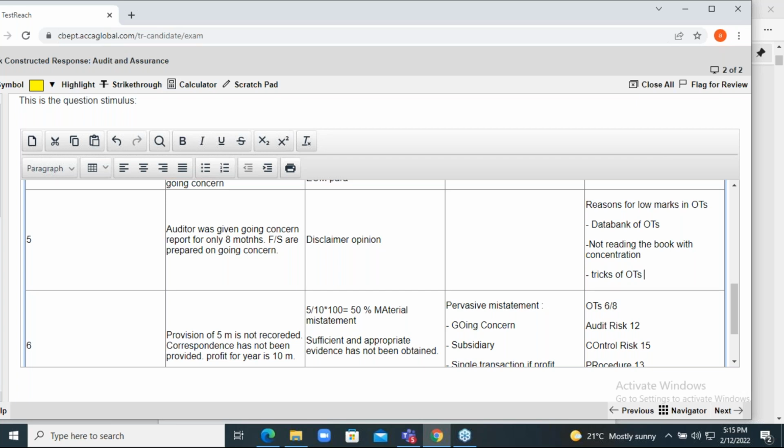These tricks are spread over different resources, and if you go through different questions like planning stage, review stage, completion stage or report stage, especially procedure stage, these OTs can become very difficult at certain times. So we need to understand what the tricks are.